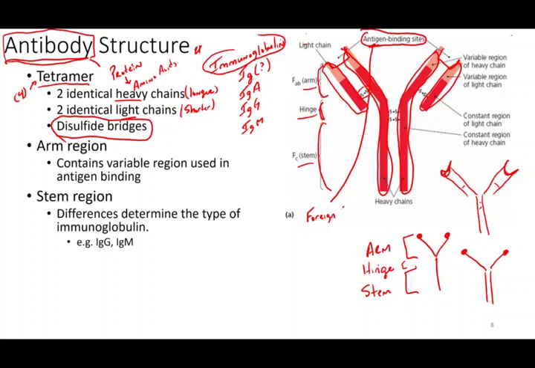Foreign surface molecule of microbe. So what we're saying is these antibodies have these little binding sites on the end of each arm that are highly specific and highly tailored to a particular foreign antigen that might be present.